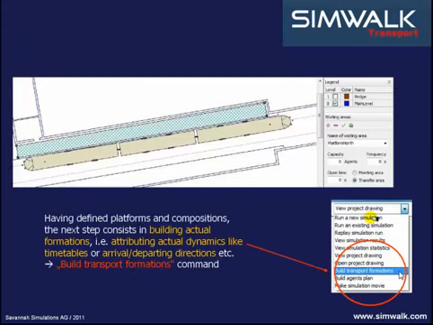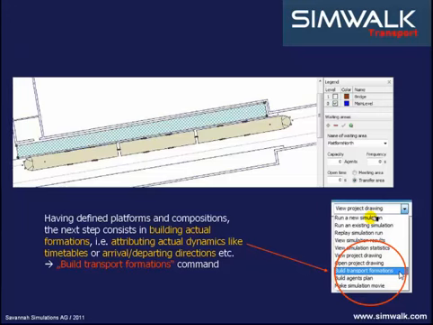And in the next important step we build the actual formations, in contrast to compositions, and formations are specified by timetables. So if a composition is assigned a timetable, it is called a formation in SimWalk Transport.